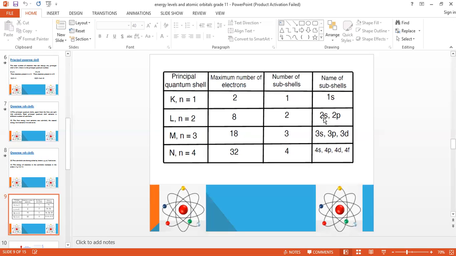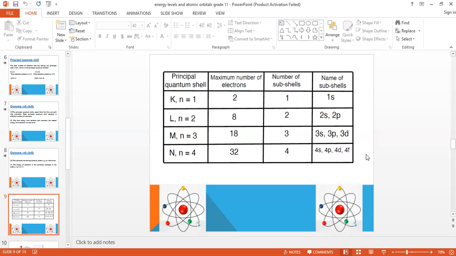So 2 represents which energy level it is. S and P are subshells. If n = 3, it means 3 subshells: S, P, and D. That's why we write 3s, 3p, 3d. And if n = 4, how many subshells? 4 subshells. So 4s, 4p, 4d, and 4f.